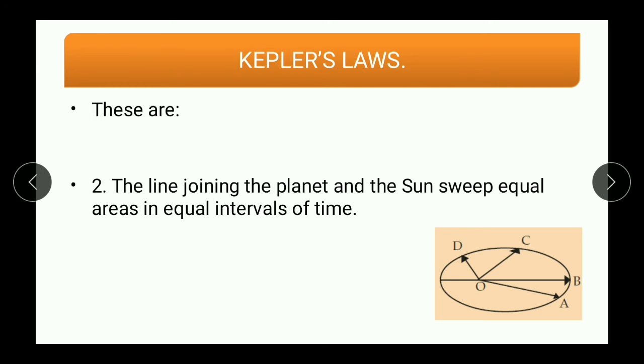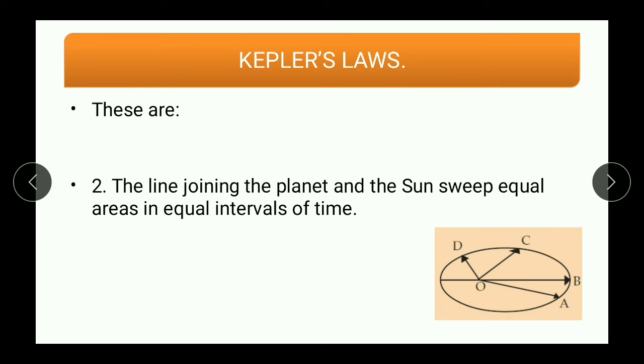Then the second law: the line joining the planet and the sun sweeps equal area in equal interval of time. So if OA, this axis, moves towards OB, it sweeps some area. Now suppose this area is covered in one day, for example. If the planet moves until C in another day, with the same time of course, then the area of the sector OBC will also be the same.